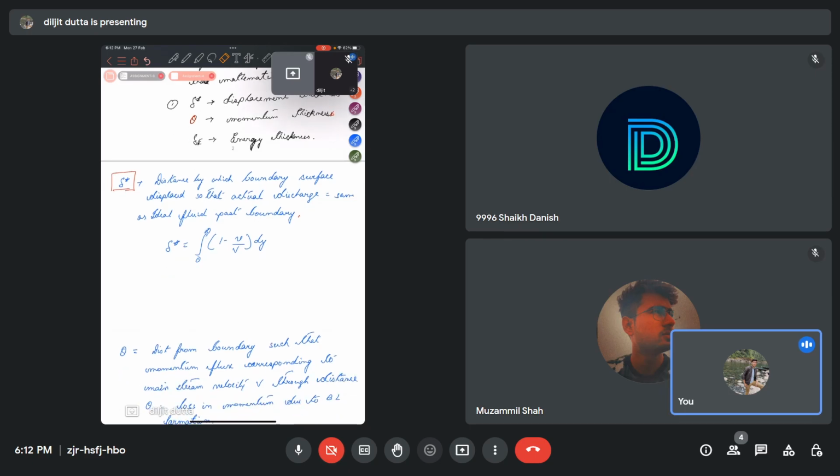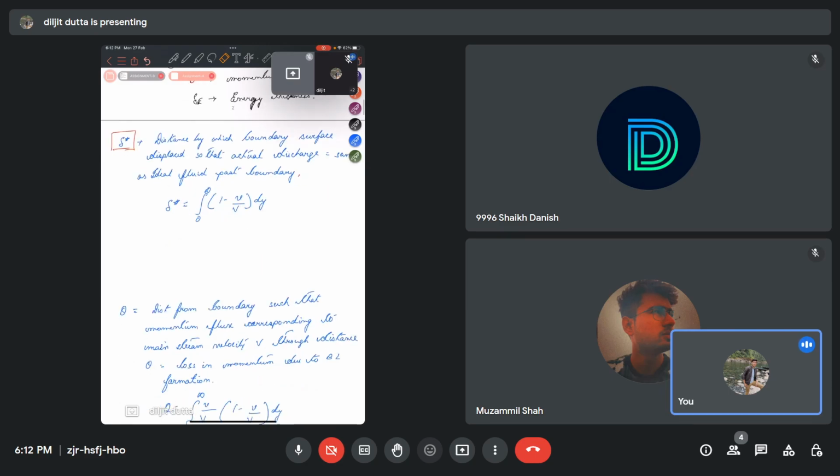To define delta star, first of all we should go to the definition, that is, the actual discharge is the same as that of the ideal fluid past that boundary.